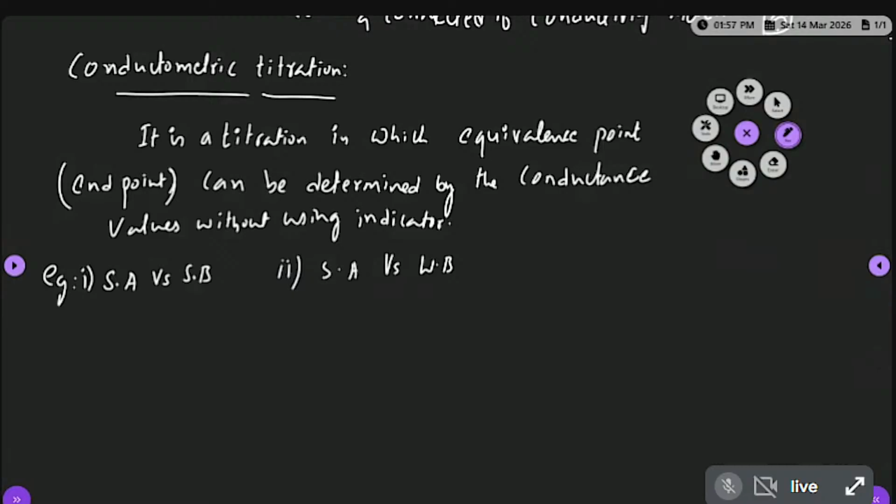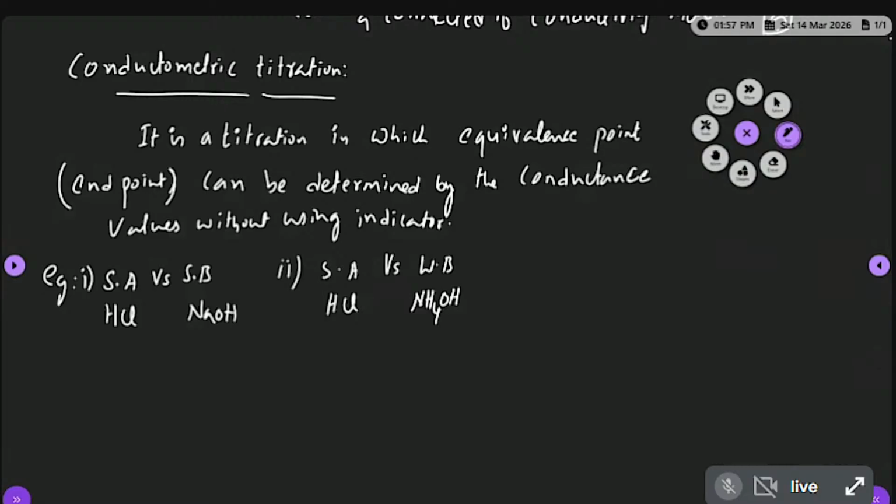Tell me one example of strong acid, strong base. Strong acid HCl, strong base NaOH. So here only write HCl and here NaOH. And what is strong acid? Same HCl, and weak base means here take NH4OH.